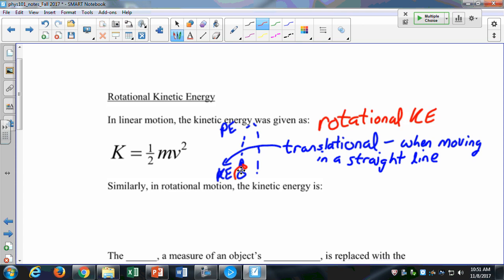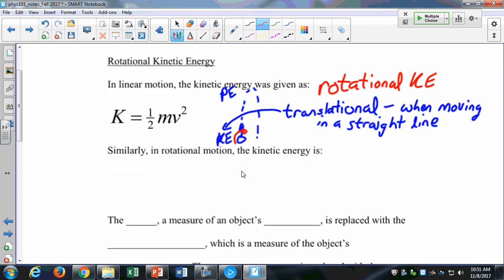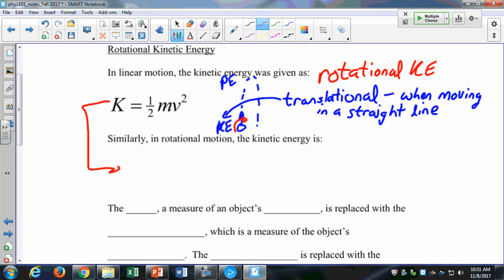And remember, we've been making these variable insertions or replacements, if you will. So if we had the kinetic energy was 1/2 mv squared before, you can imagine what you think the kinetic energy is going to be now. It'll be 1/2 not m, but what? I, and then omega squared.